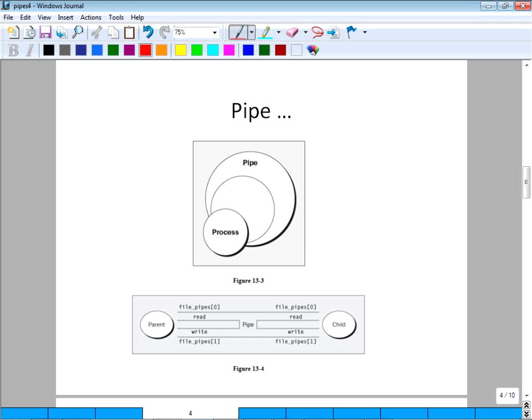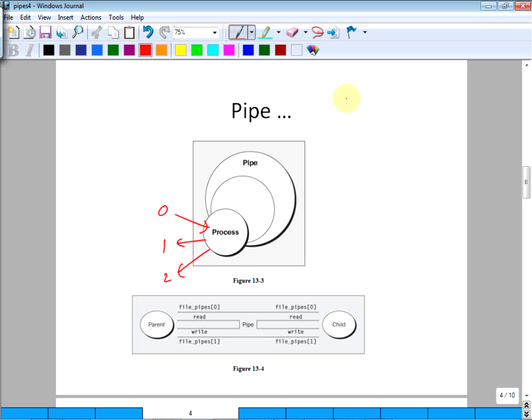When you have a process, you can use code something like this. Remember, each process automatically has what? 0, 1, and 2, right? Those are the standard streams. Standard input and standard output, and this is the error output.